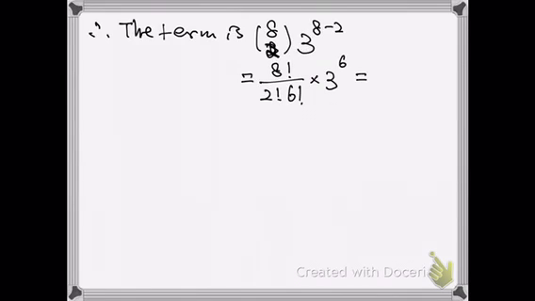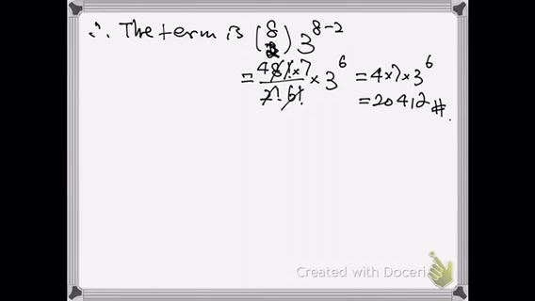So we tidy that up. Cross this out, 8 times 7, so we've got 2, 3, that crosses out to 4. So 4 times 7 times 3 to the power of 6, which is 20,412. That's the term.